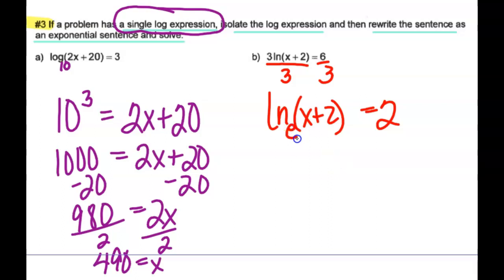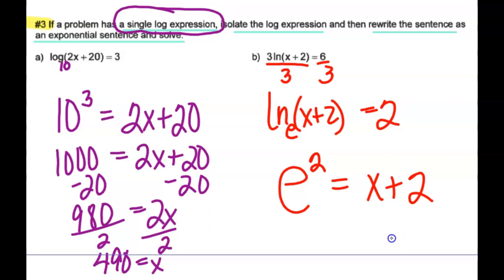E. So this means literally e to what power equals what? The answer to an exponent is the power, so that's the 2. And the question we were asking of is x plus 2 here. Now, this is one that Delta Math might ask for an exact answer. Can anybody tell me what you would type in if this asked for an exact answer?